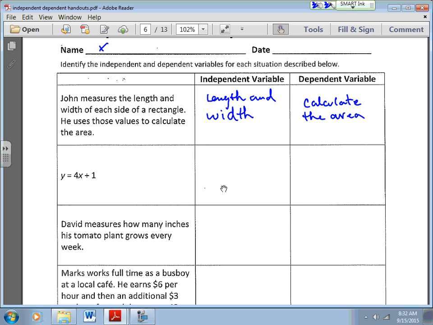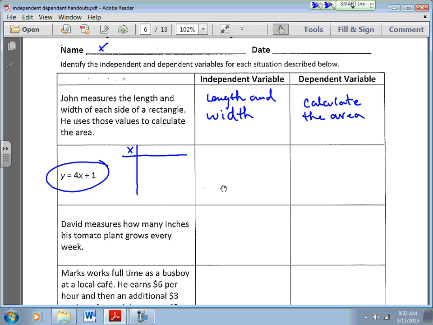Okay. Now this next one is kind of gonna look like the test question. It says y equals 4x plus 1. So y equals 4x plus 1. I want to show you something, okay? You guys remember all those input-output tables we kept doing and trying to figure out equations for? X values go there, right? Or I'm sorry, that's wrong.